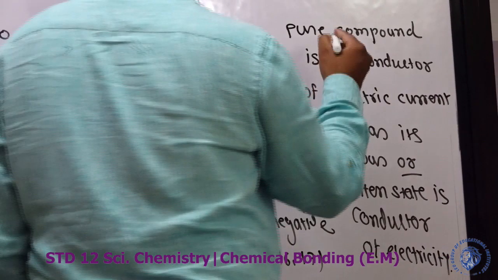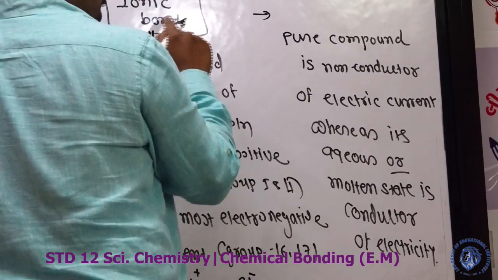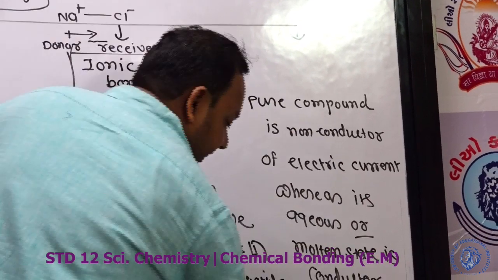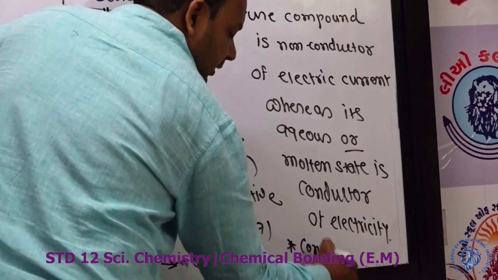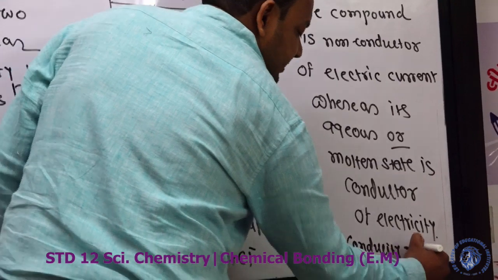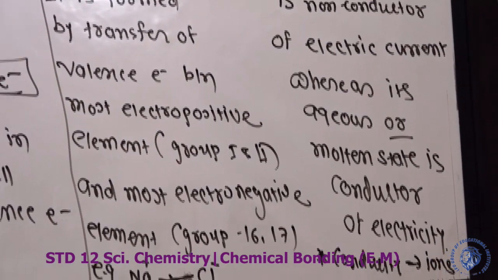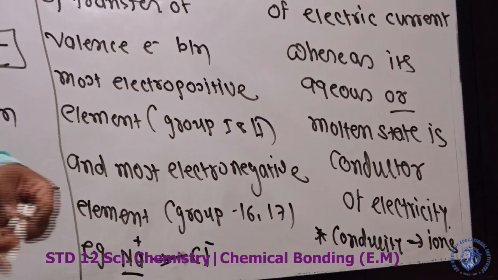That is the conductivity of an ionic compound due to its ions. Conductivity is based on its ions. So this is also helpful wherever you study ionic compounds.